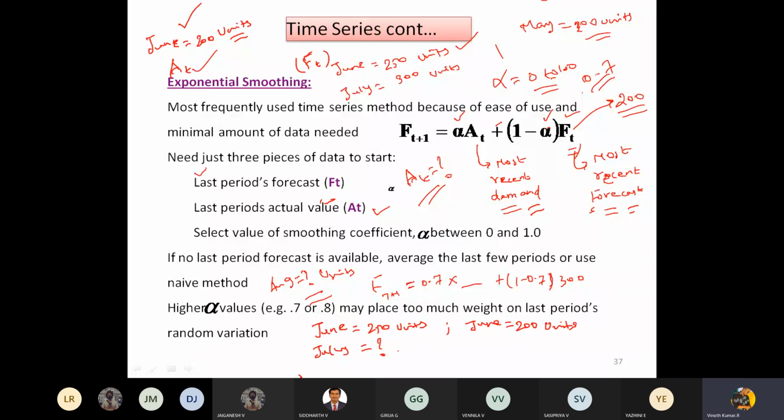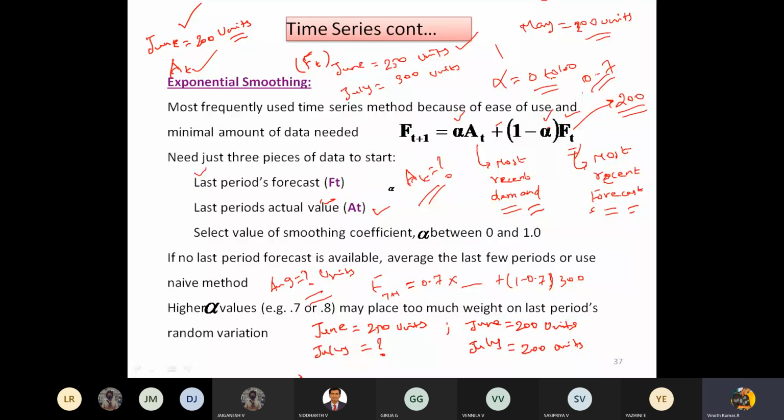The most recent demand value I take as capital A suffix T, right?